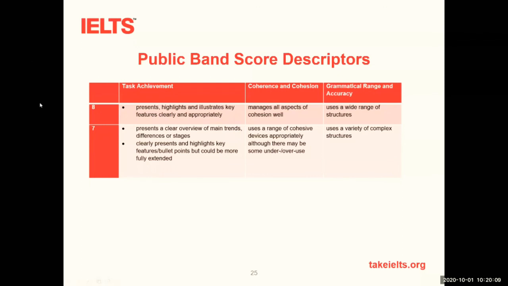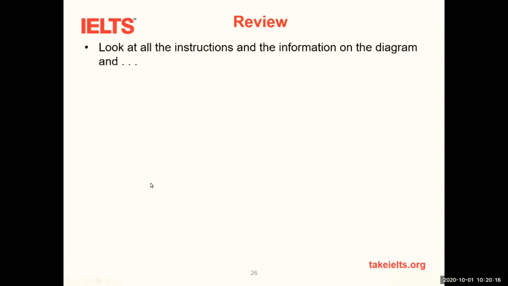Okay, so let's just review what we've done, and then we'll move to questions and answers. Okay, so look at all the instructions and the information on the diagram, and rephrase this information into the first sentence of the introduction.